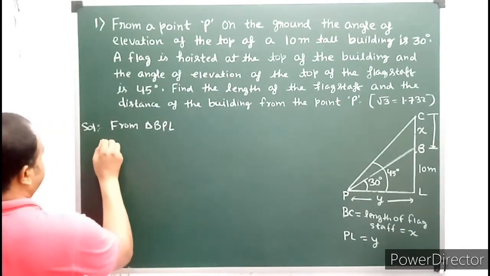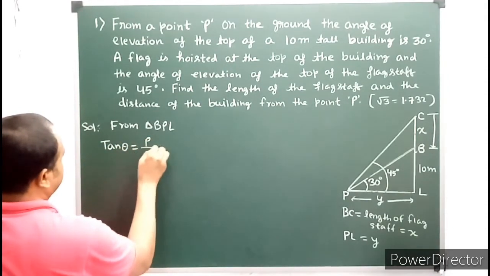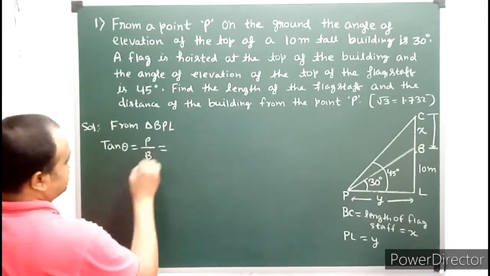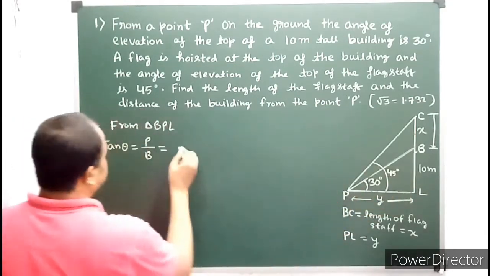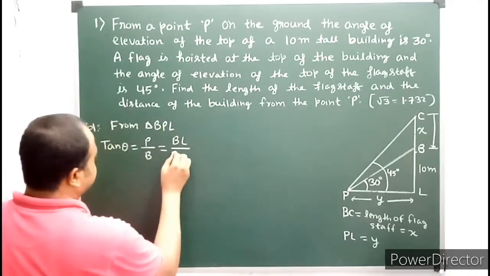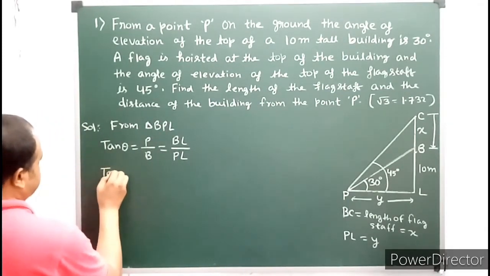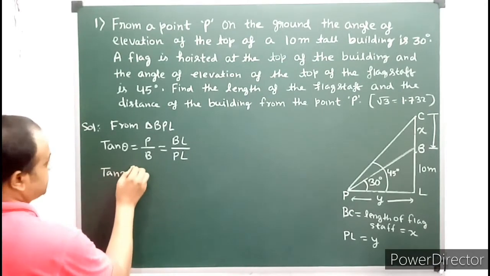We know that tan theta equals P by B. What is the perpendicular here? BL, and the base is PL. Theta here is 30 degrees.